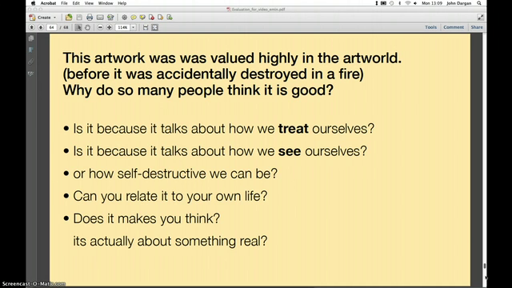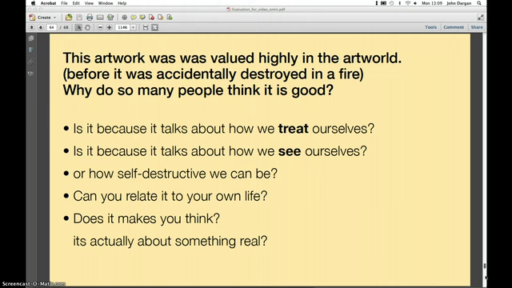Is our identity constructed through who we've ever slept with? Does that say who we are if we've been, again, abusive of our bodies? Does it show how self-destructive we can be?